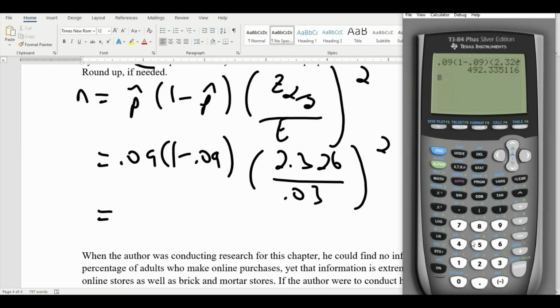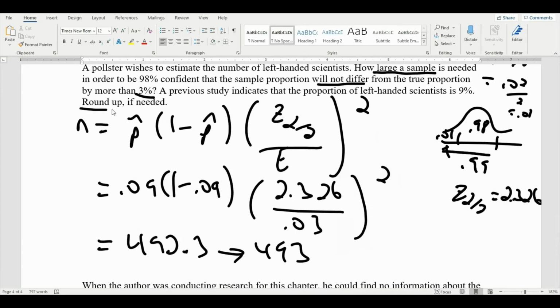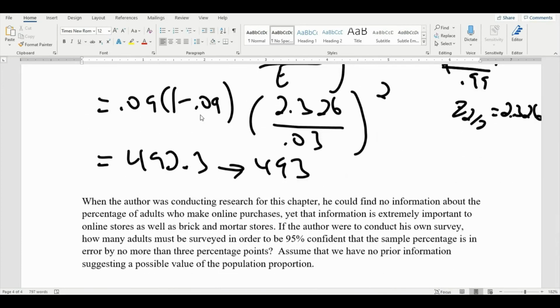And then I think you always round up. So we get 492.3, and you round up to make sure you have enough in the sample. If it's not stated, your book or your homework will tell you, but this problem says to round up.